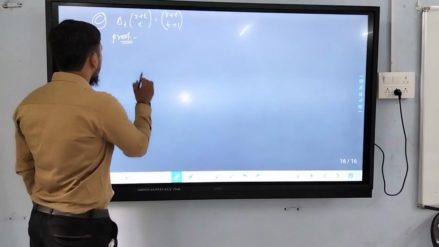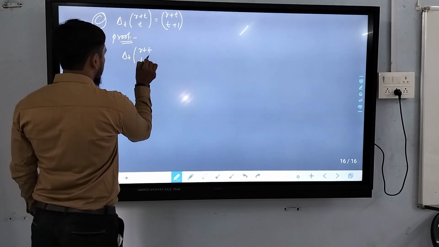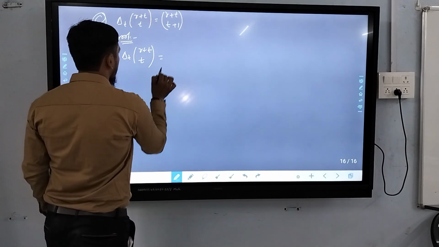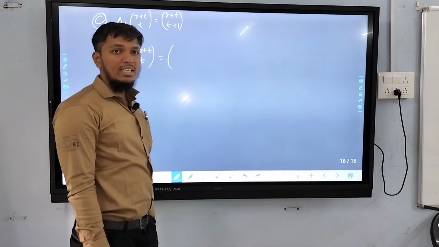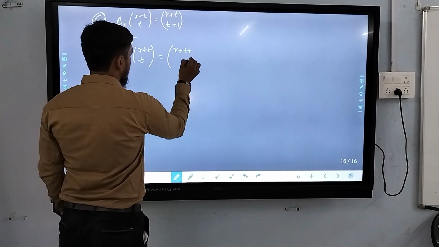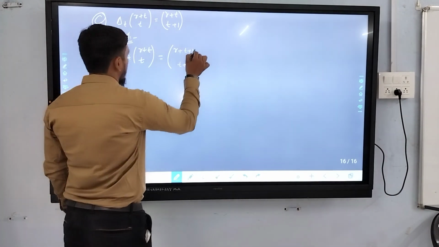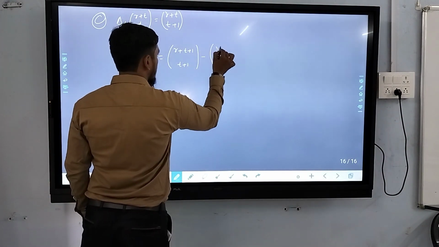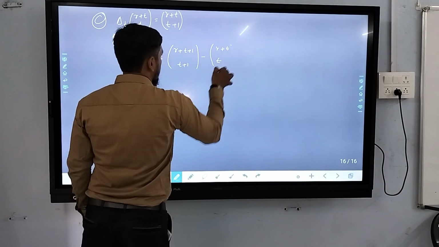So delta of r plus t C t is equal to, by the definition of the difference operator, firstly replace t by t plus 1. So this is r plus t plus 1 C t plus 1, and after the negative sign the function should be the same, which is r plus t C t.